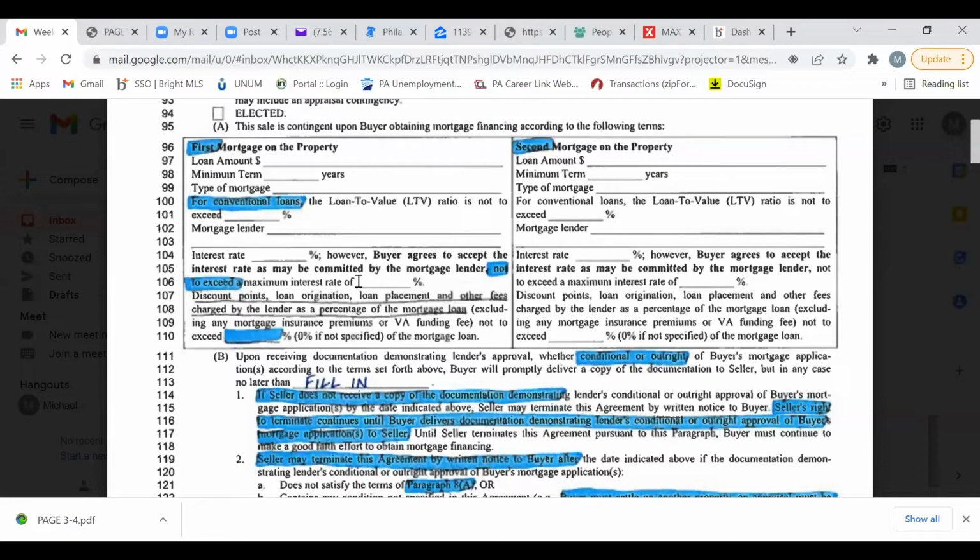And then the list agent, if they're not savvy enough to question that, may not question it. But I always look at the pre-approval and see what the interest rate is in comparison to what's on the spread.